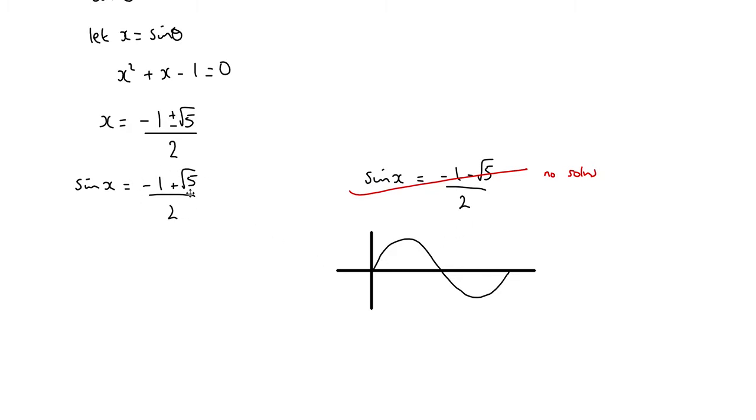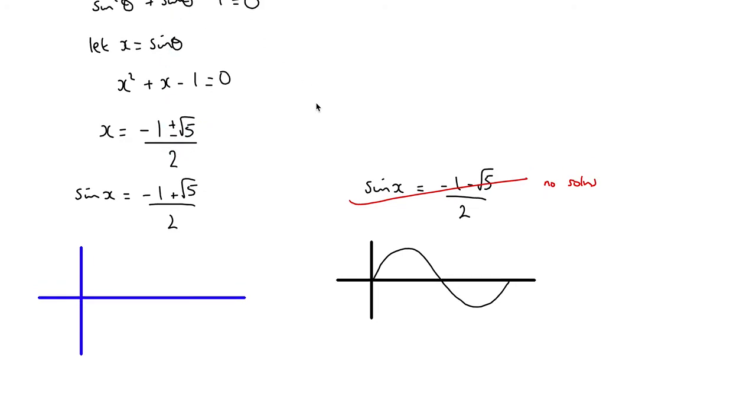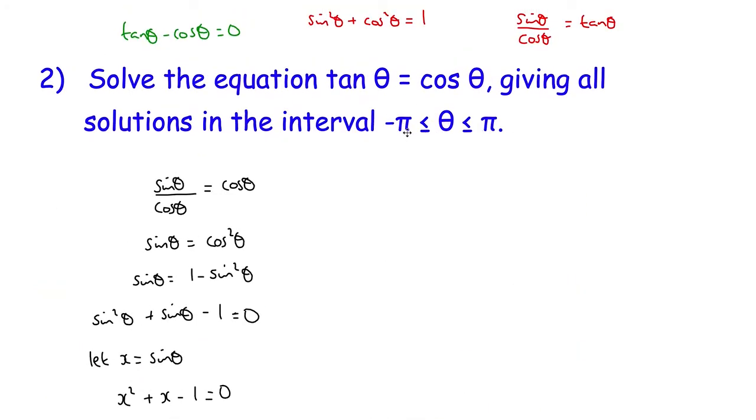This one does give us answers. This number is between minus 1 and 1. This number is actually 0.618. So that one's fine. So if we go over to this side now, I'm going to draw another sine graph. In fact, I need to pay attention to what the interval was. It was minus pi to pi.